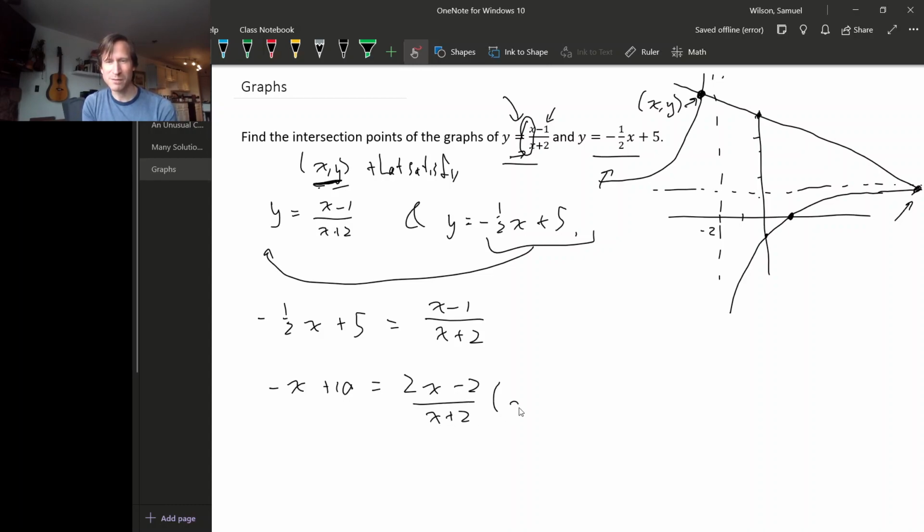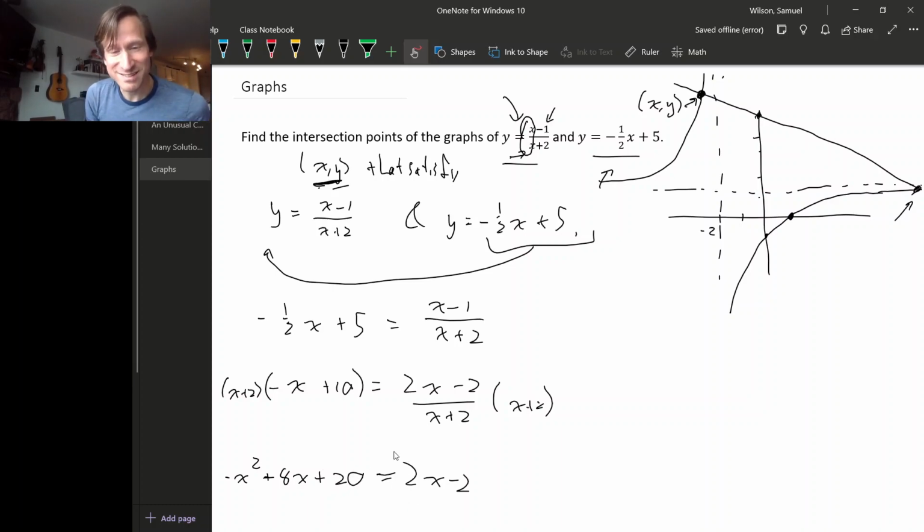Now let's multiply both sides by x plus 2 just to get the x's out of the denominator. Okay, so on the right-hand side, 2x minus 2. On the left-hand side, we're going to have to multiply all this stuff out. So this is going to give us, let's see, minus x squared, and then minus 2x plus 10x, so plus 8x, and then plus 20.